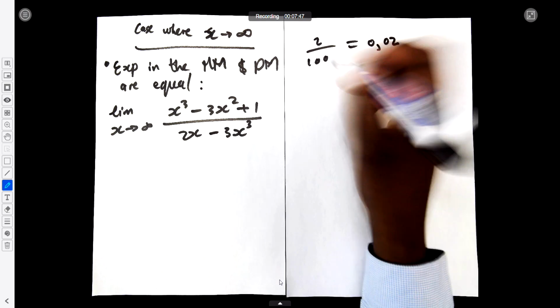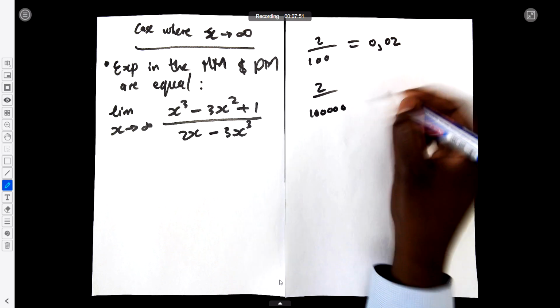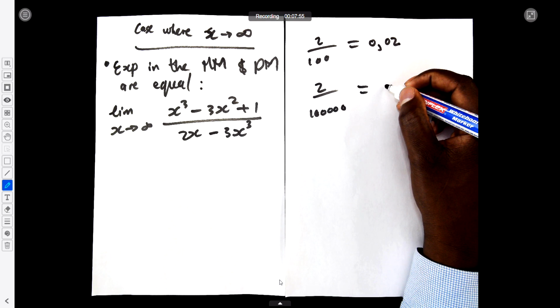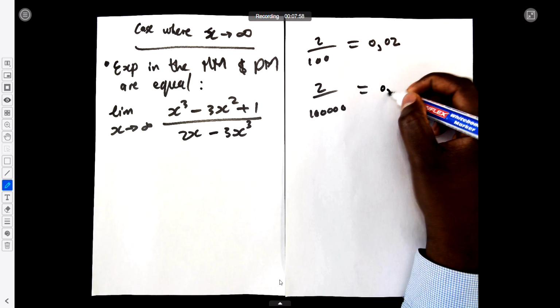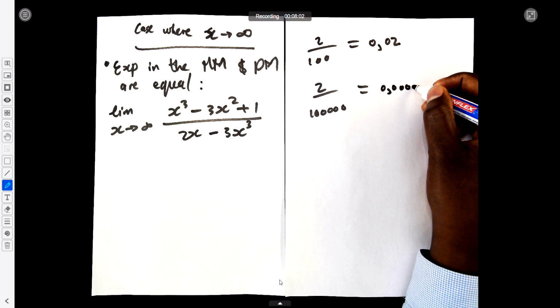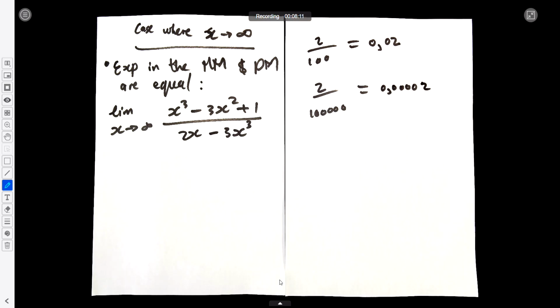0.02, right? If we say 2 divided by, let's say, 100,000. So what is 2 divided by 100,000? Let's see, how many zeros are we going to have after the comma? If it's 100,000, so 0.00002.